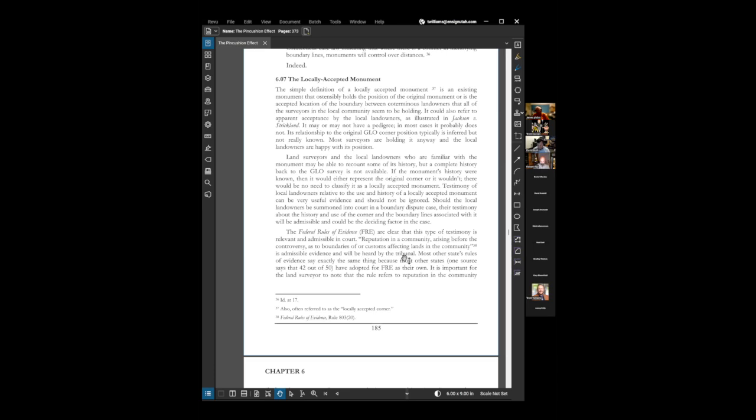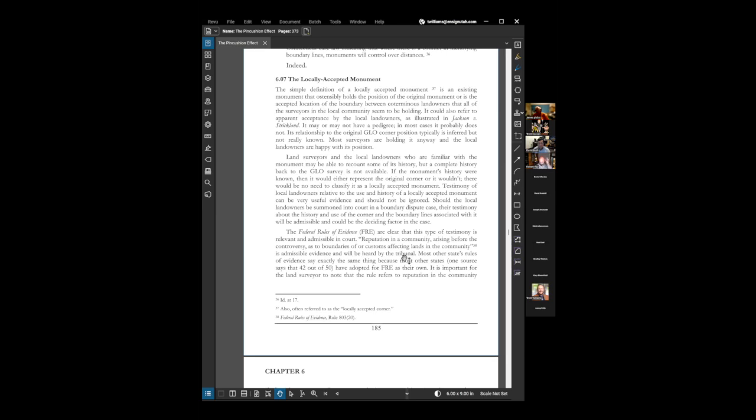And surveyors are encouraged to, where they find evidence of the original location of one of those corners, perpetuate that by completing a restoring of that corner, where all of the evidence that proves its location is put into the record, and that is filed at both the county and the state level.